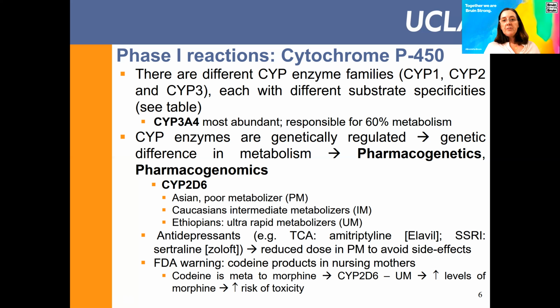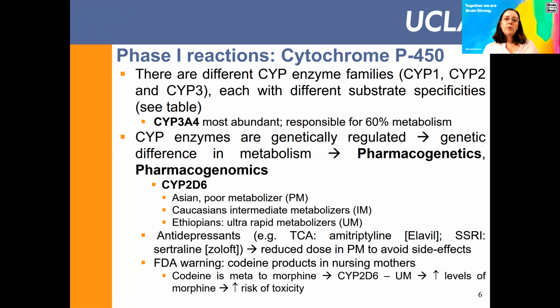of morphine in their system, that can lead to toxicity. And in that situation it is not the analgesic effect that we're going to be worried about, but the respiratory depression that can occur with a high dose of morphine. And so in the baby that can cause respiratory depression and respiratory distress.